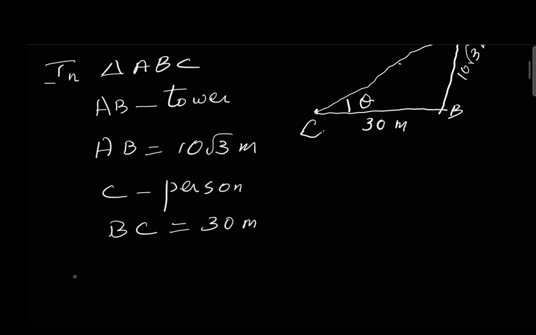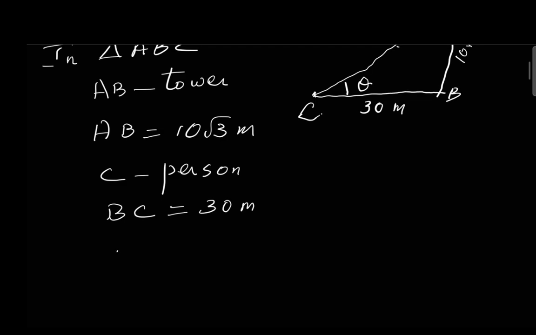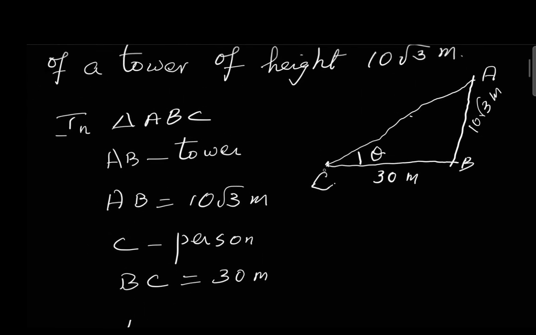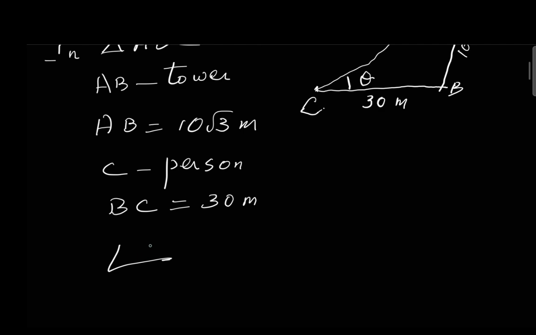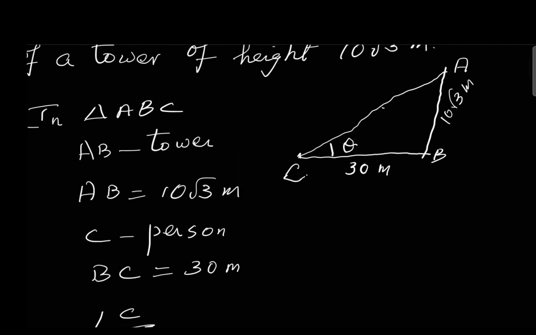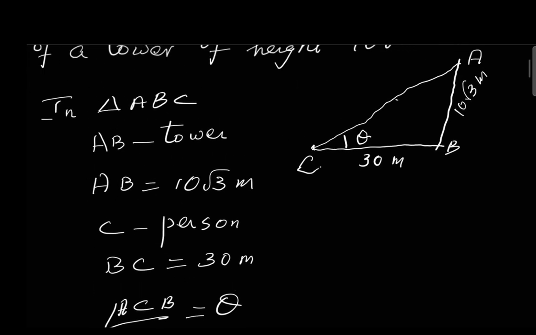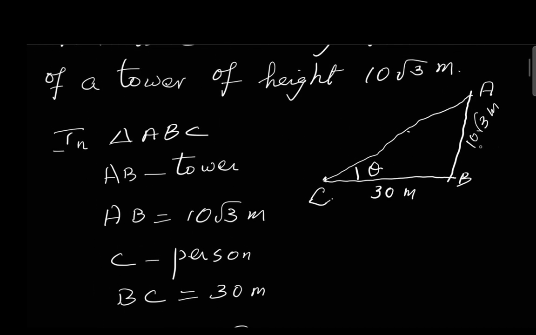In this triangle, this is theta, angle C, the position C. So the remaining letters are A and B. So we know the side opposite to theta and the adjacent side.